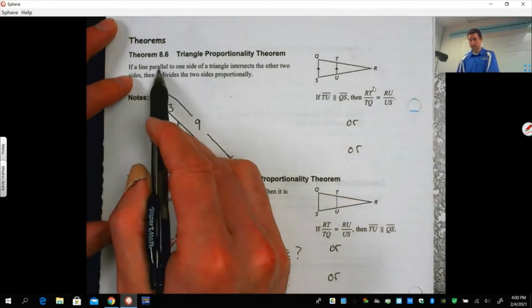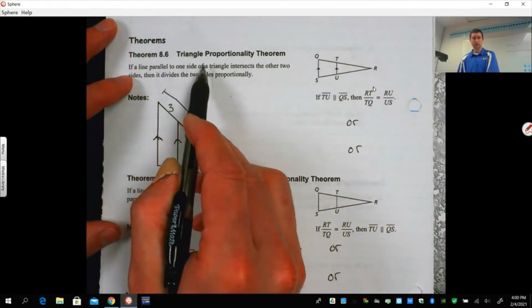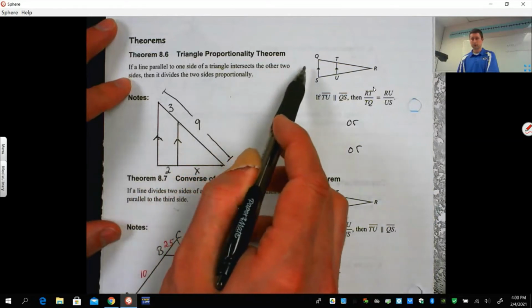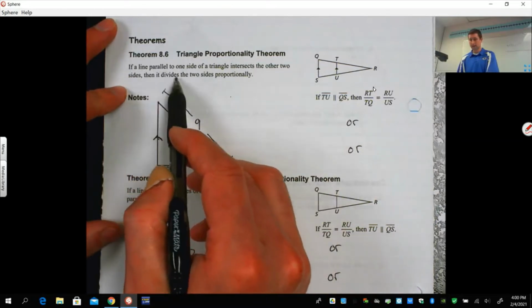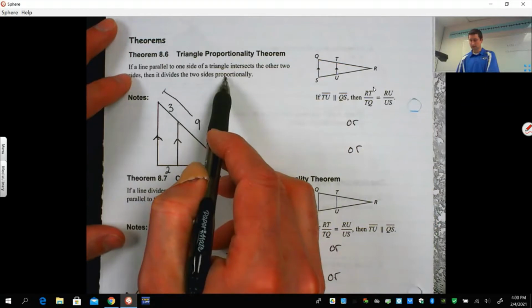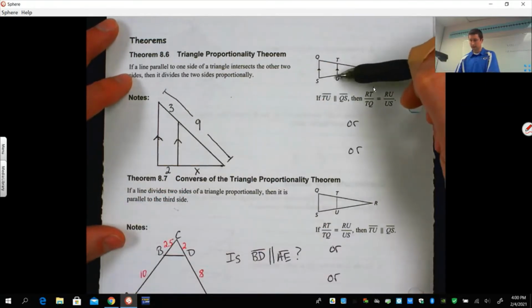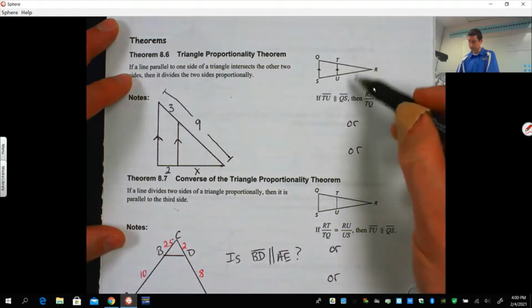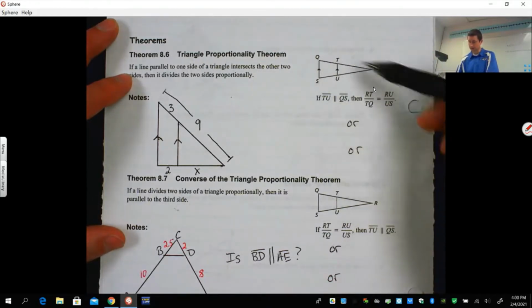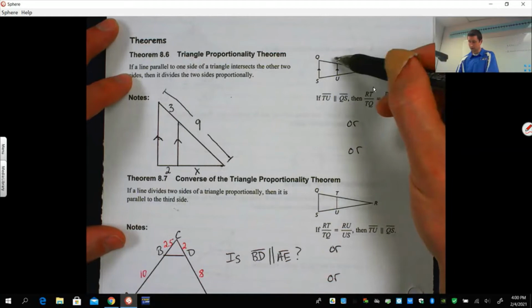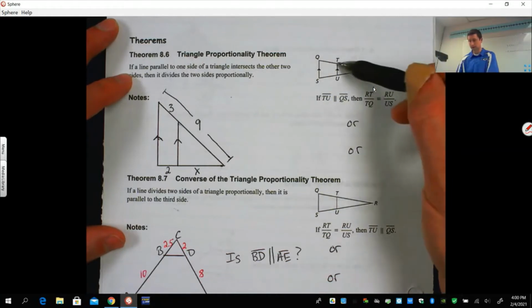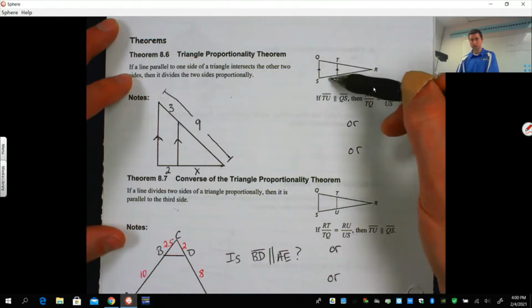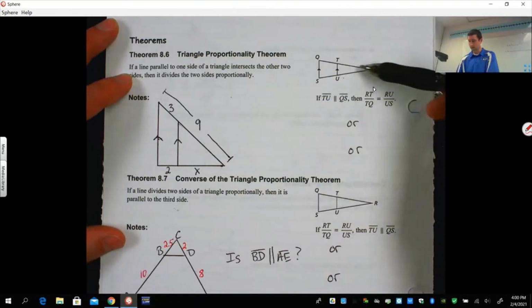If a line parallel to one side of a triangle intersects the other two sides, then it divides the two sides proportionally. So if TU is parallel to QS, then RT over TQ equals RU over US. There are other ways you can write that.